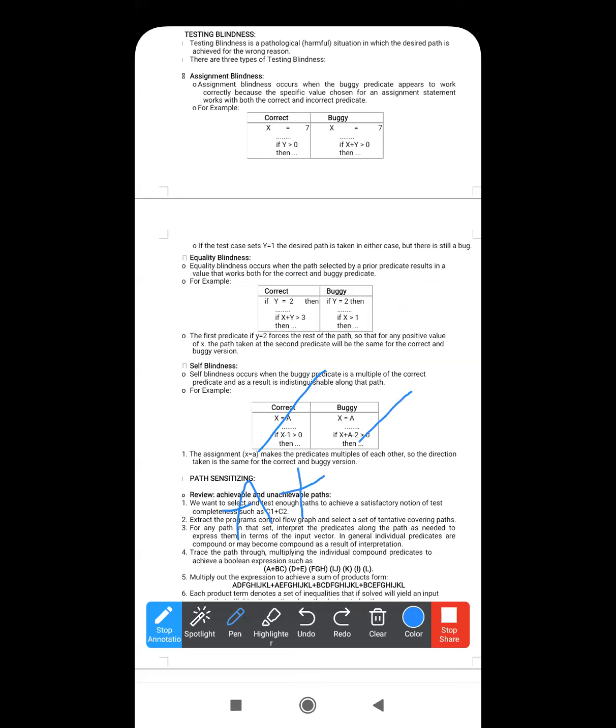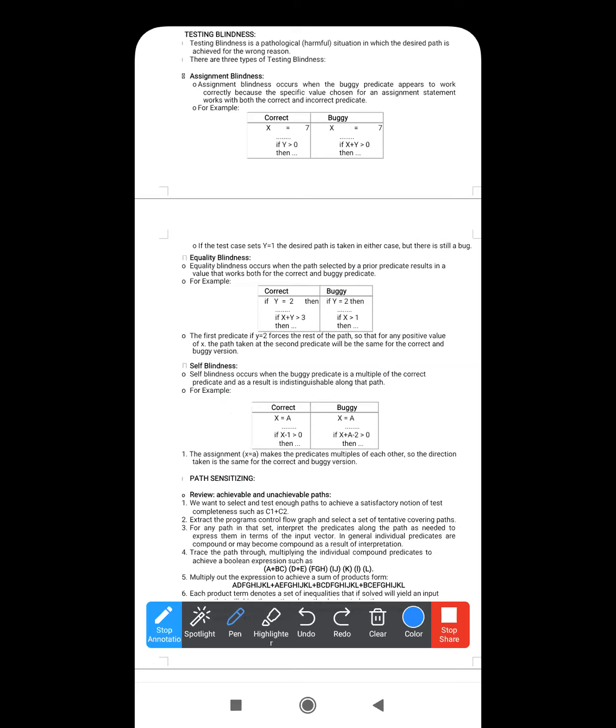A plus a minus 2. Okay, 2a minus 2. 2a minus 2 greater than 0. This is the equation for it. Okay, this is about predicates and path predicates and achievable paths.